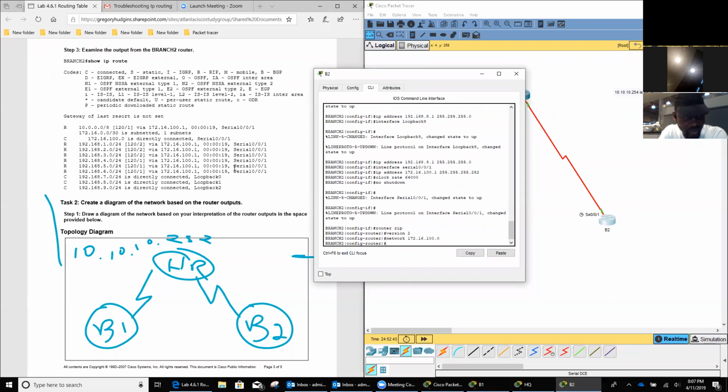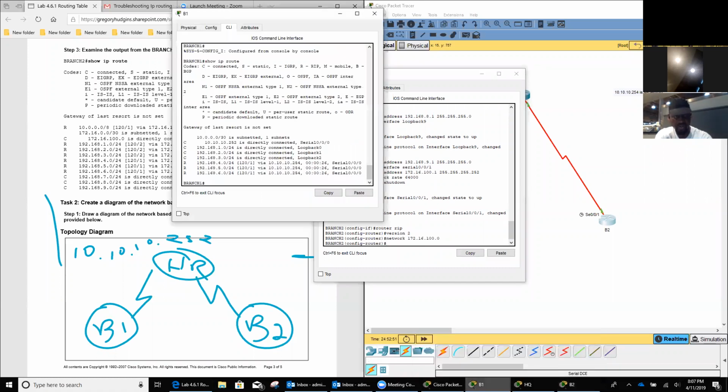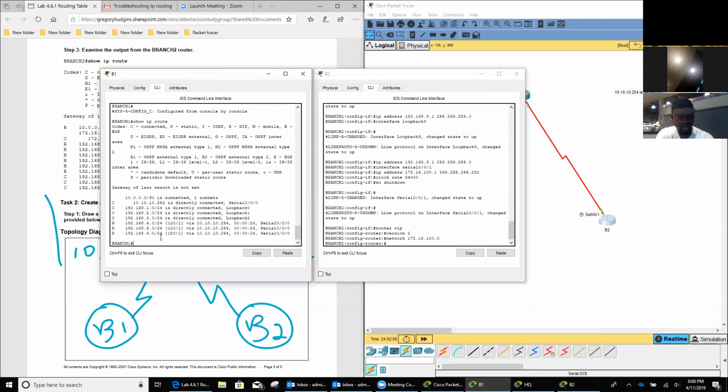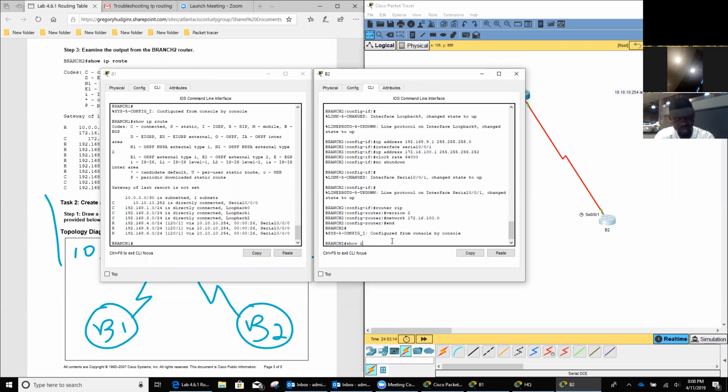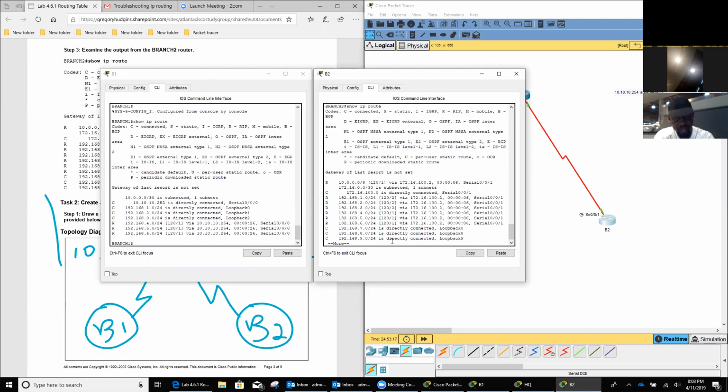Okay. Now bring up branch 1 CLI and put it next to branch 2. All right. Type end on branch 2 and do a show IP route. All right, space bar.